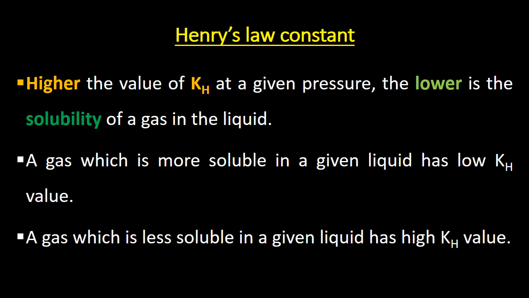That means if the KH value is high, the solubility of the gas in the liquid is low. A gas which is more soluble in a given liquid has a low KH value, but a gas which is less soluble in a given liquid has a high KH value.